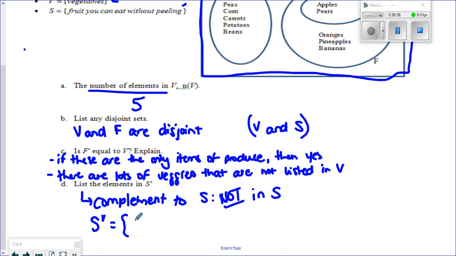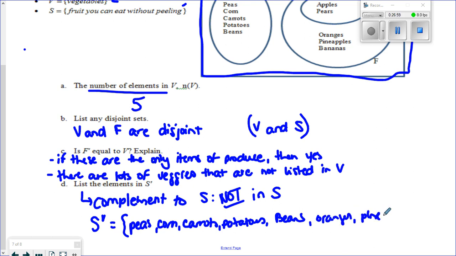So S prime would be peas, corn, carrots, potatoes, beans, and also these things that are in fruit that are not in S: oranges, pineapples, bananas.